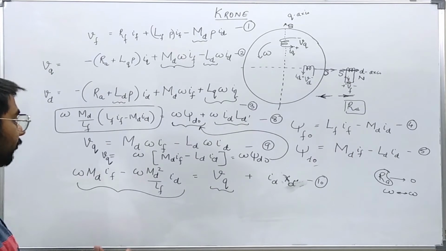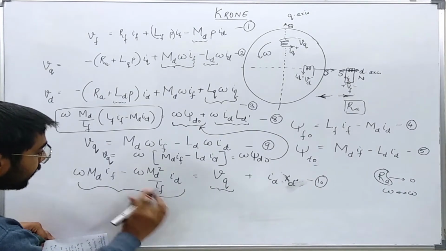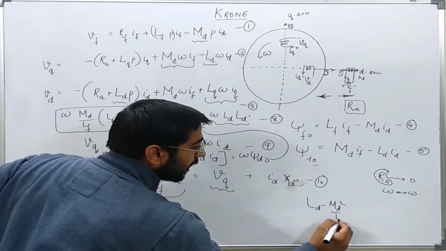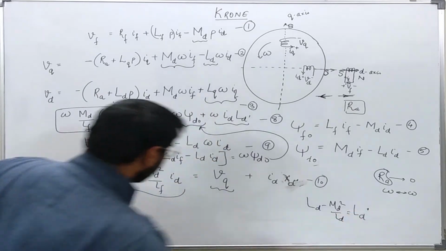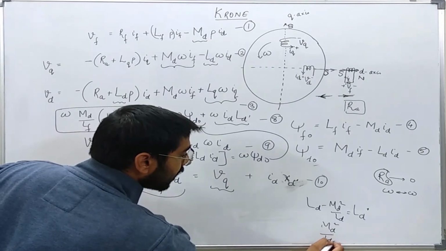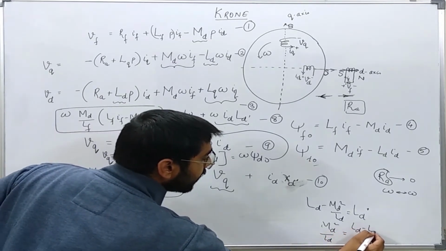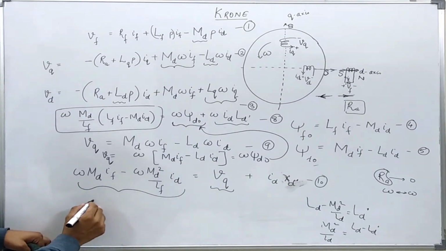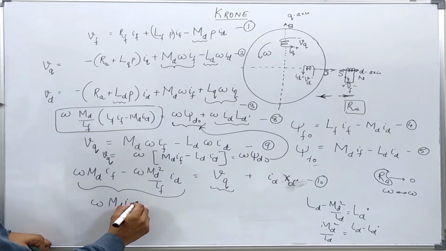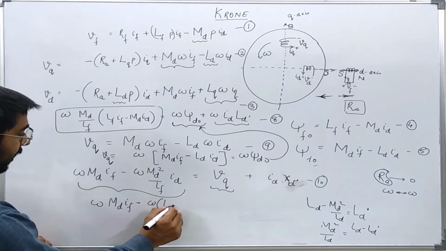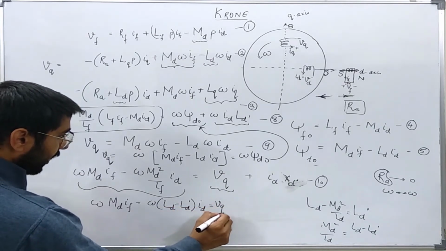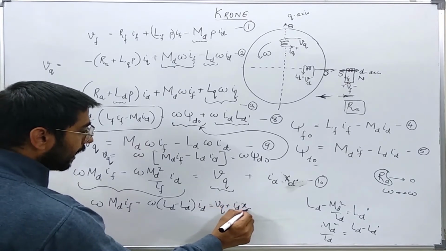Now in the next slide, we have seen that LD minus MD square over LD is LD dash. So this MD square over LD can be written as LD minus LD dash, and this equation number 10 can be written as omega MD IF minus omega into LD minus LD dash ID is equal to VQ plus ID XD dash.